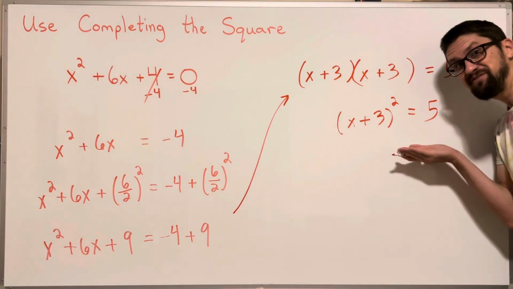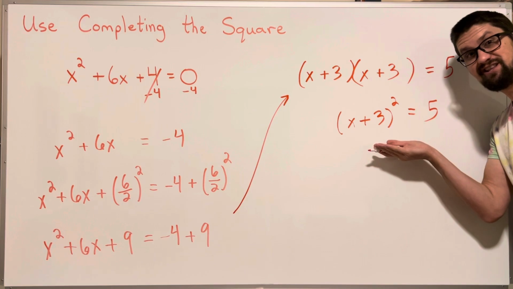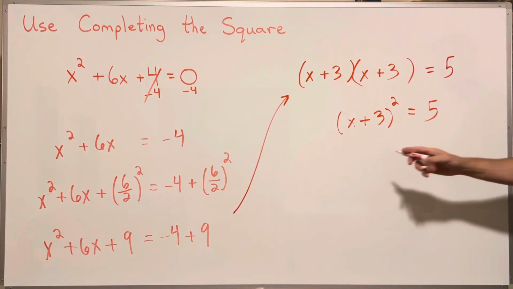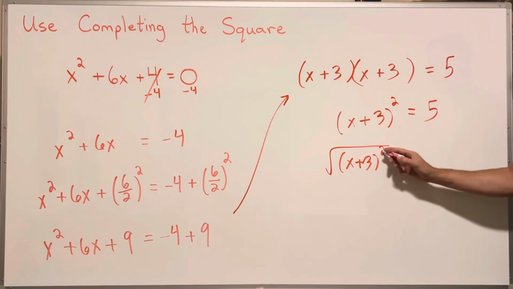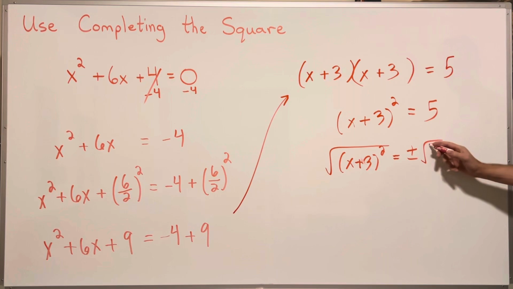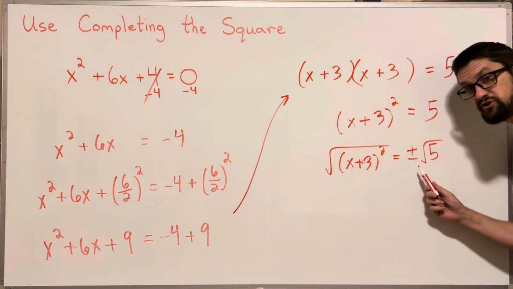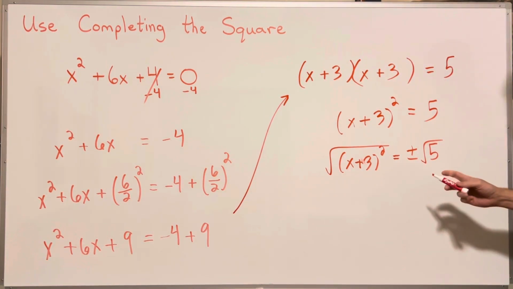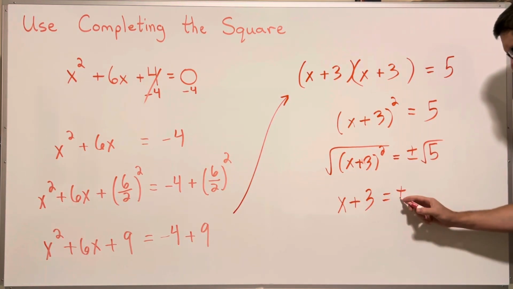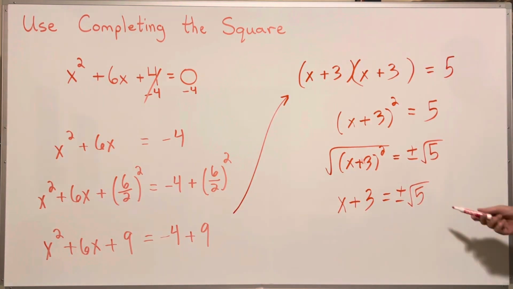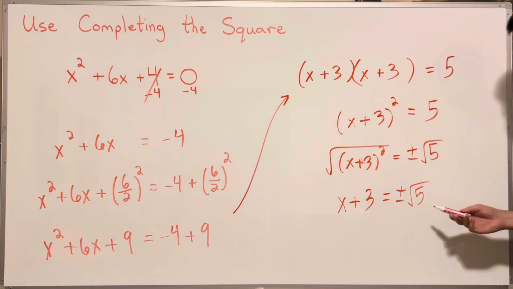And now we can finish it with the square root property. We can square root both sides. Make sure you put the plus or minus sign. All right, so I have x plus 3 on the left. I cannot simplify this anymore.